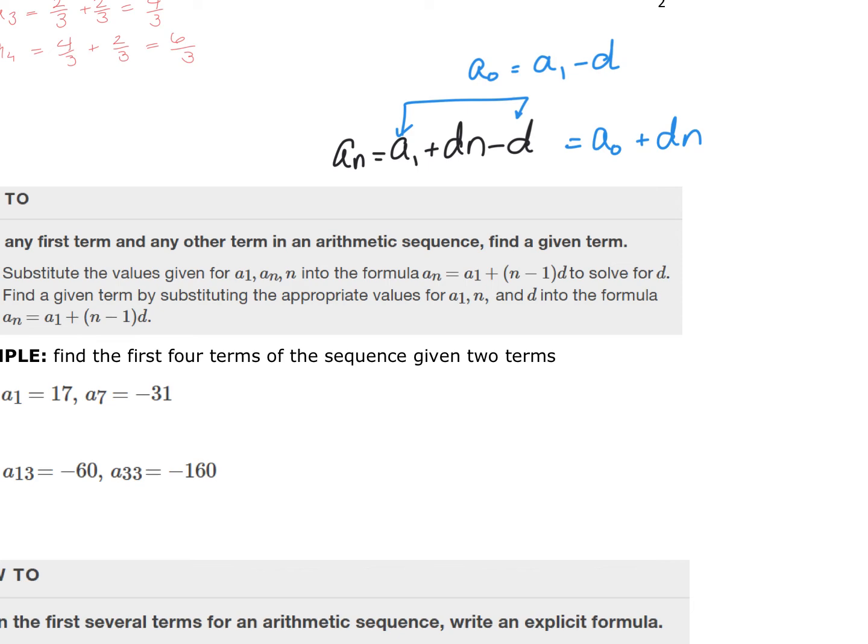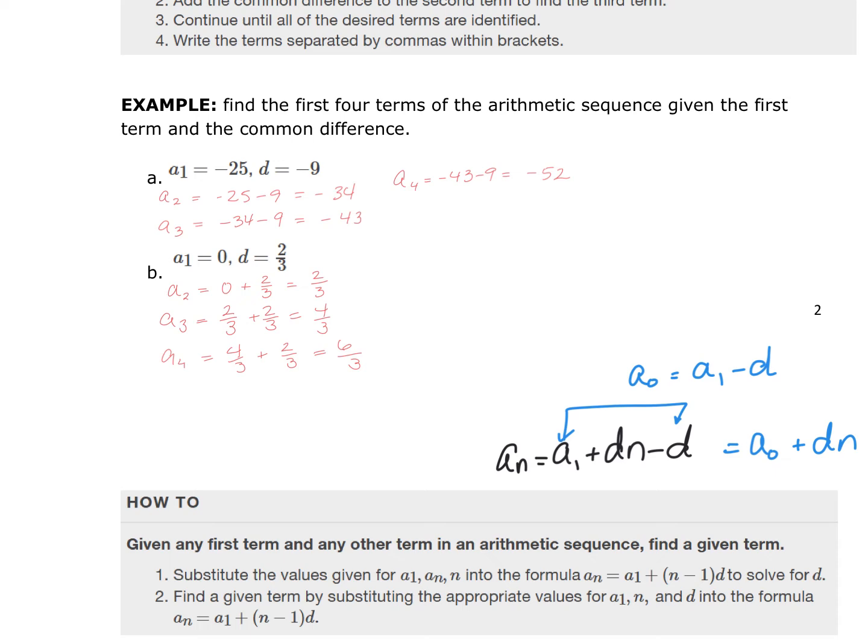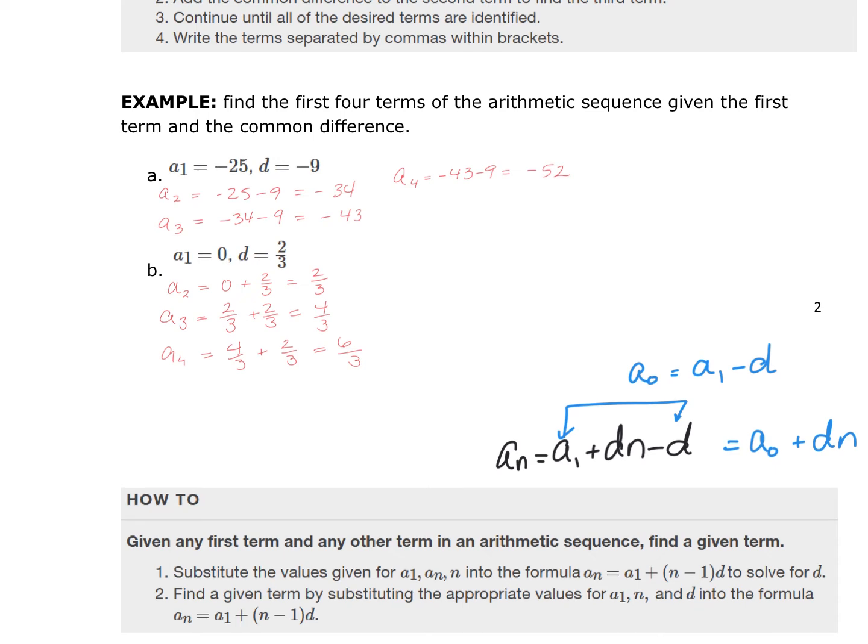So let's go back and look at how I'd write these closed or explicit formulas for up here. Now, the closed or explicit formula for the first one would be a sub n is equal to my a sub 1, which is -25, plus, and if I do the n minus 1 multiplied by my difference, which is -9. So this would be -25 minus 9n plus 9.